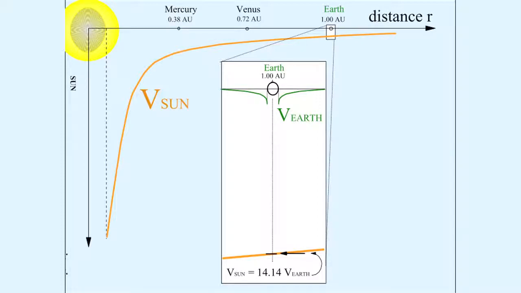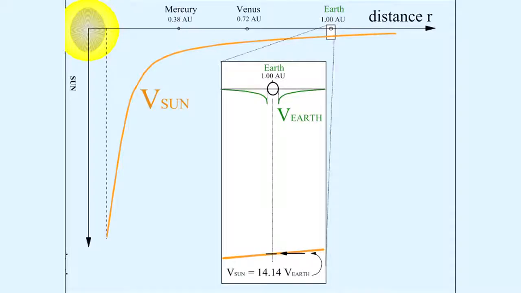And if you go to 0.38 astronomical units, 0.72 astronomical units, there you have Mercury and Venus. And at 1.0 astronomical unit, there's the planet Earth. On the Earth's surface, it turns out that the gravitational potential of the sun is almost a factor of 14 times greater than the gravitational potential of the Earth.